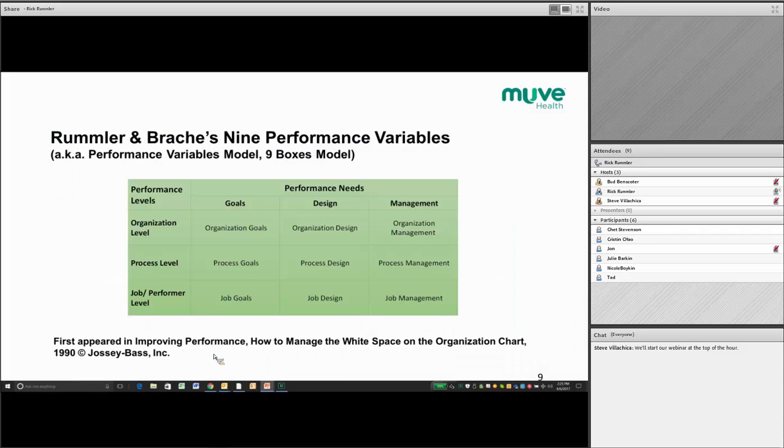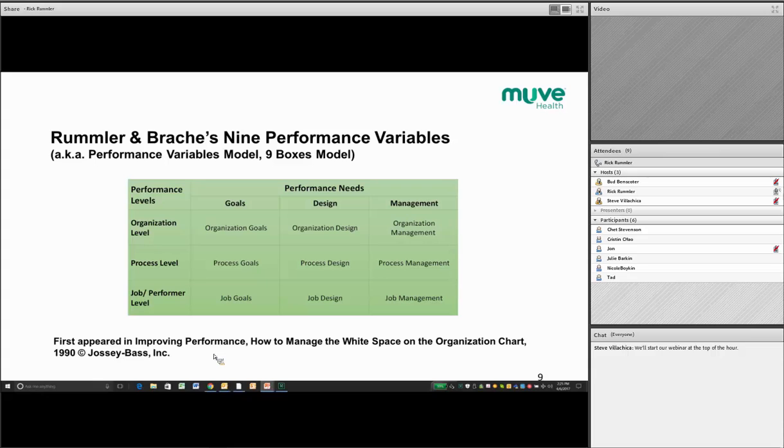The one in particular that I wanted to use to talk about the value of models and frameworks is the 9 performance variables. Bud had mentioned that there was some experience using it, so I was excited to talk about how it works as a model and framework, but also specifically share my own experience in using that model.